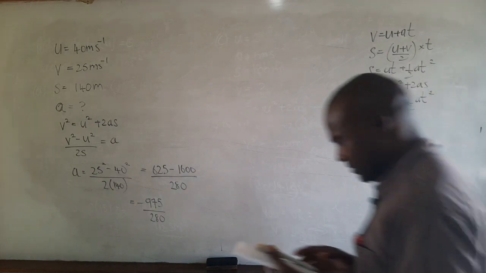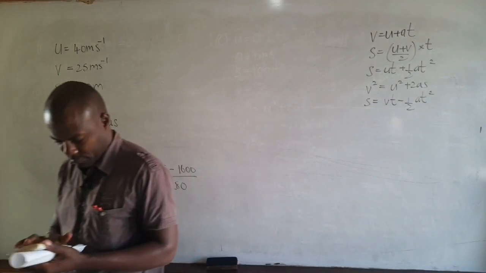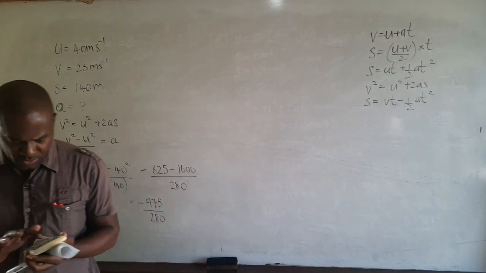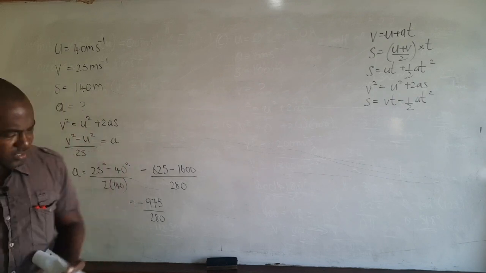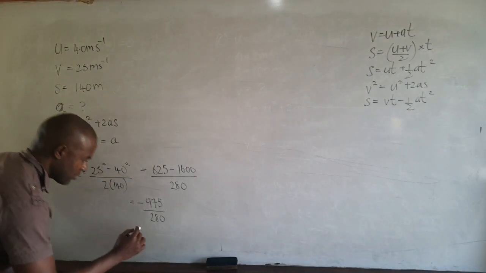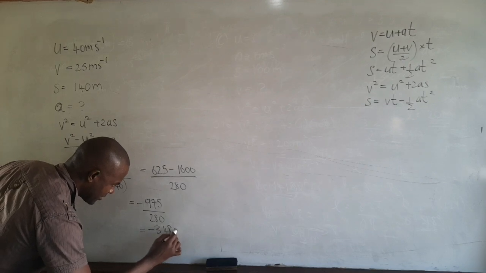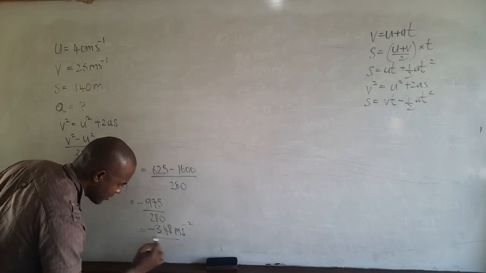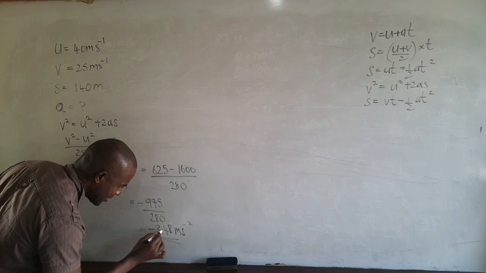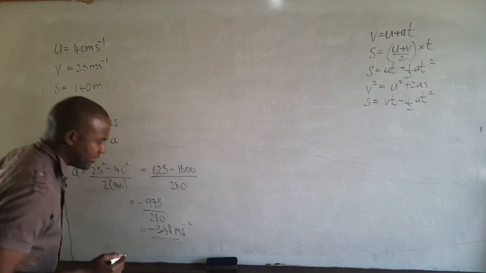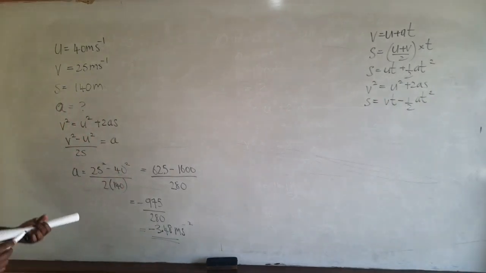So 975 divided by 280, that gives us minus 3.48 meters per second squared. So that means the car is decelerating at a rate of 3.48 meters per second squared.